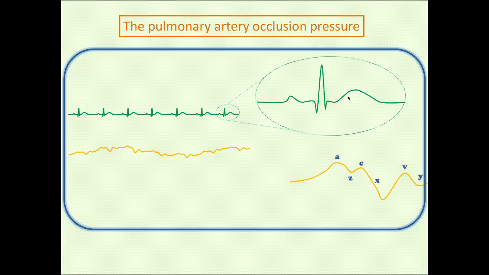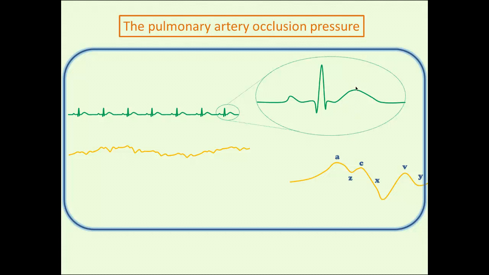Distinguishing that from a pulmonary arterial systolic pressure can be difficult and sometimes even impossible, but a true V wave should come after the ECG T wave.